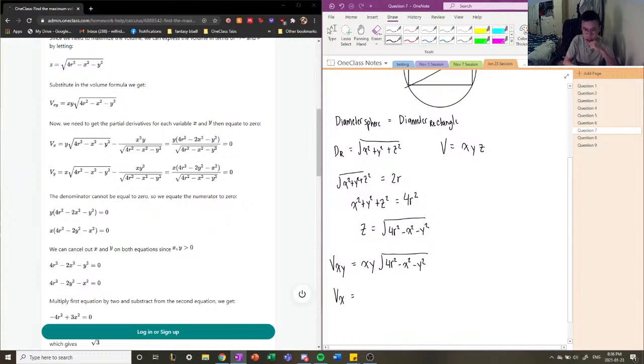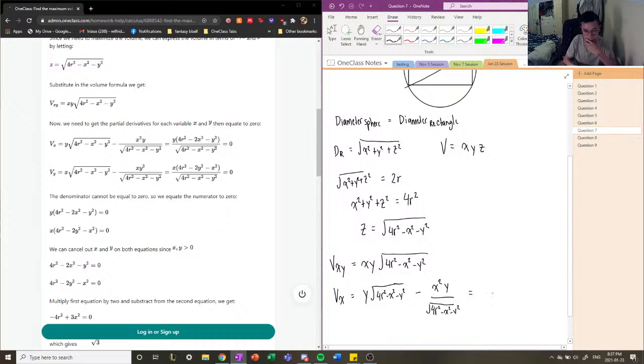So I see here that this is a product rule of differentiation. So I'm going to differentiate our first function x, so it's going to be y times the square root of 4r squared minus x squared minus y squared. Okay. And I'm going to differentiate the second function, which is the square root of 4r squared minus x squared minus y squared, which is going to equal minus x squared y divided by the root of 4r squared minus x squared minus y squared.